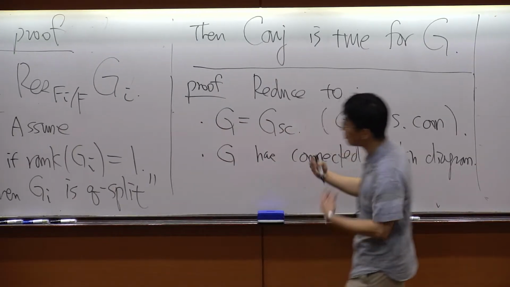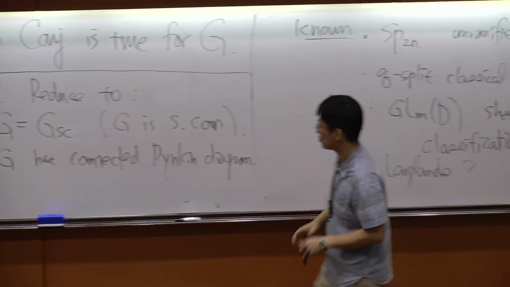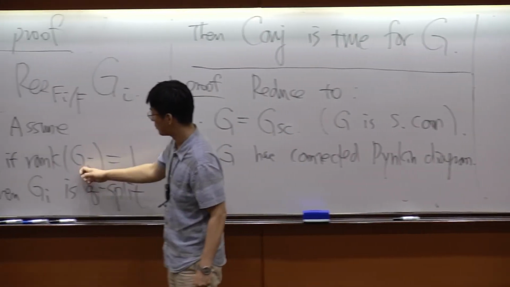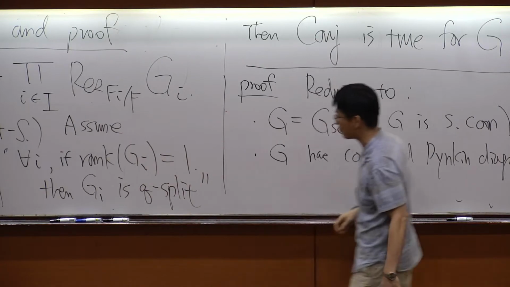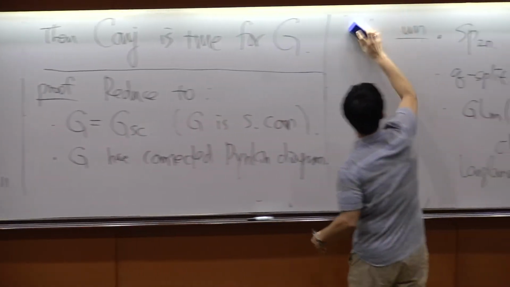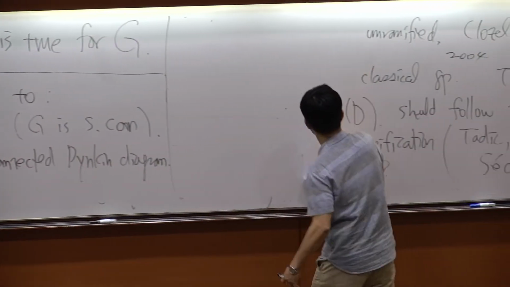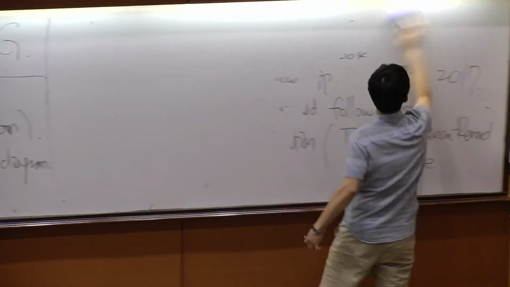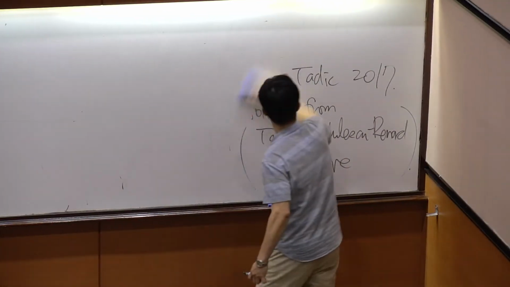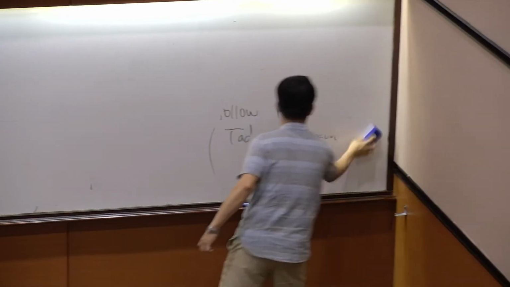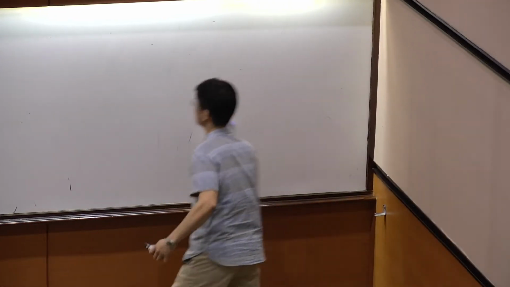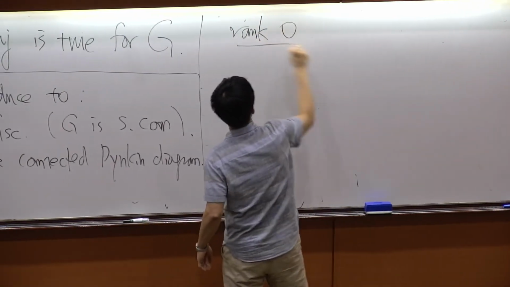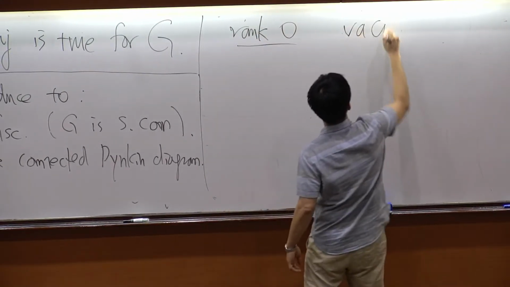So you can sort things out according to the Dynkin diagram types, and look at what kind of rank 1 groups you may have. But there is a dichotomy here. Of course, the rank 0 case is basically vacuous.